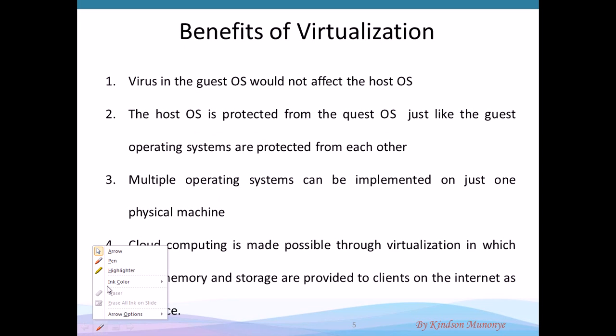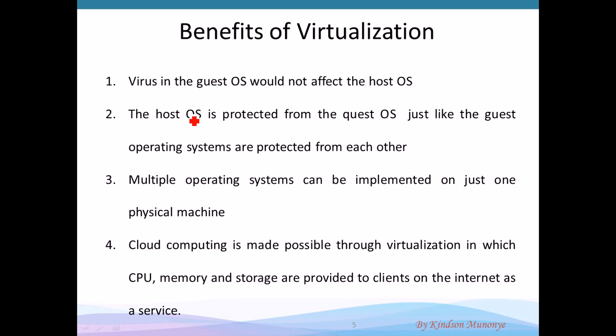So what are the benefits of virtualization? I have outlined 4 of them. A virus in the guest operating system will not affect the host. Of course, you will know that this applies to type 1, where you have a base operating system and you have operating systems set up on VMware.